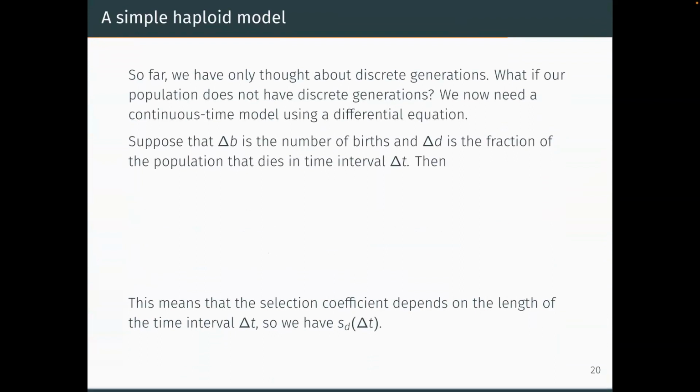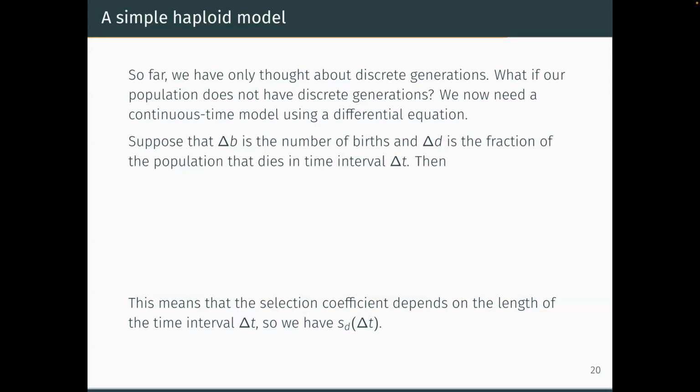Okay, the last little bit that we're going to talk about is continuous time. So today we've been talking about discrete time models, so discrete generations. But what happens if our population doesn't have this synchronicity, it doesn't have all its births and deaths happening at a regular time? What happens if things are more continuous, kind of like they are in human populations?